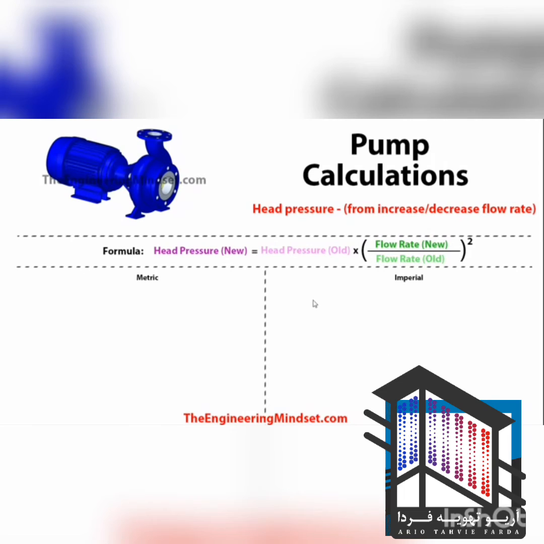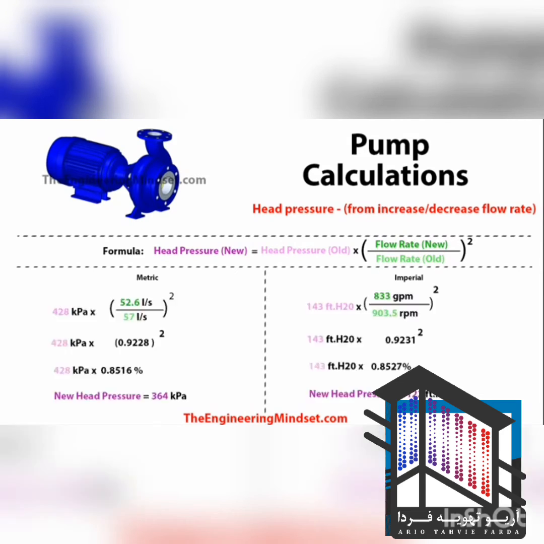The next one we'll look at is also head pressure, and that will be how to calculate this should you increase or decrease the flow rate. And we can use this formula here to calculate that. So the new head pressure is equal to the old head pressure multiplied by the new flow rate divided by the old flow rate, and make sure you square the number you get from this division as well.